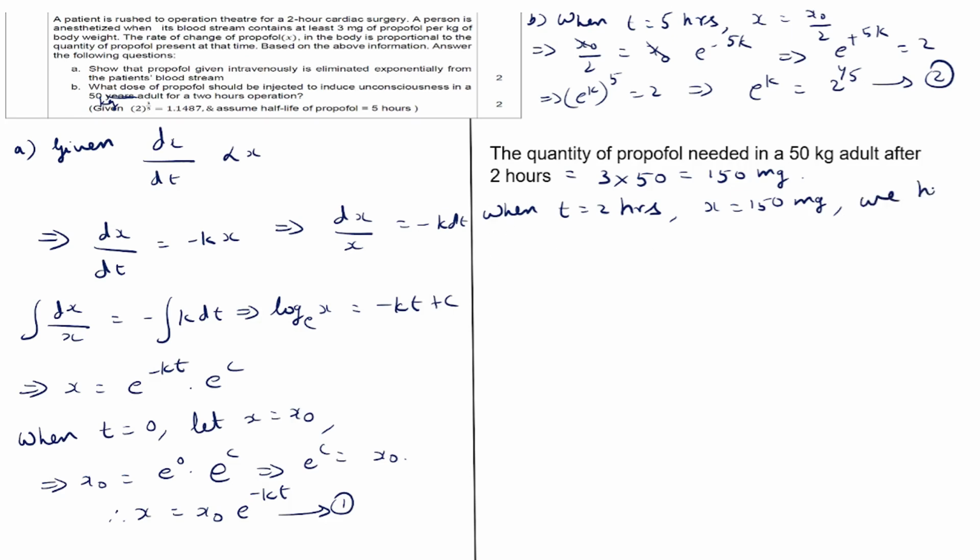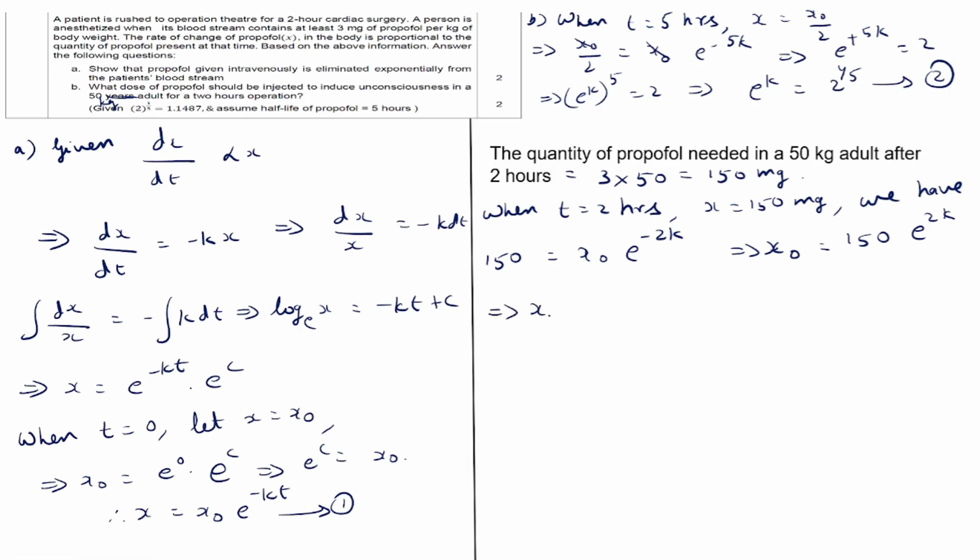We have 150 equal to x naught into e raised to minus 2k. Or from this we get x naught is equal to 150 into e raised to 2k. Here if we cross multiply this, when it goes to the other side, it becomes e raised to plus 2k.